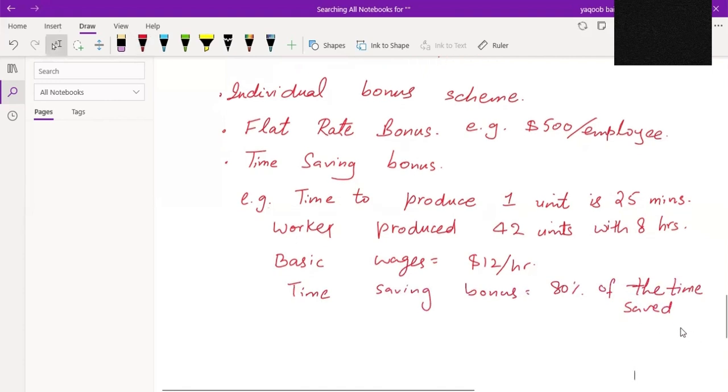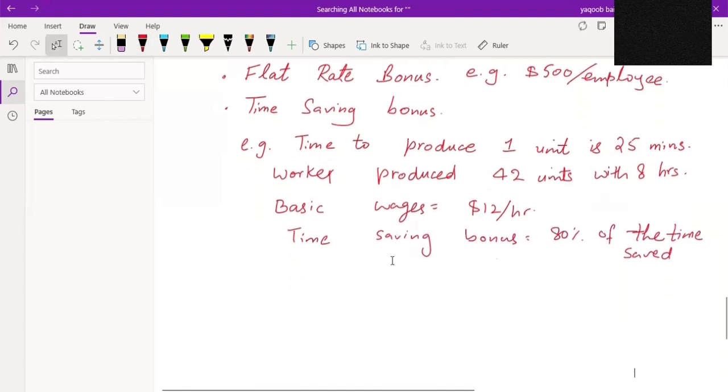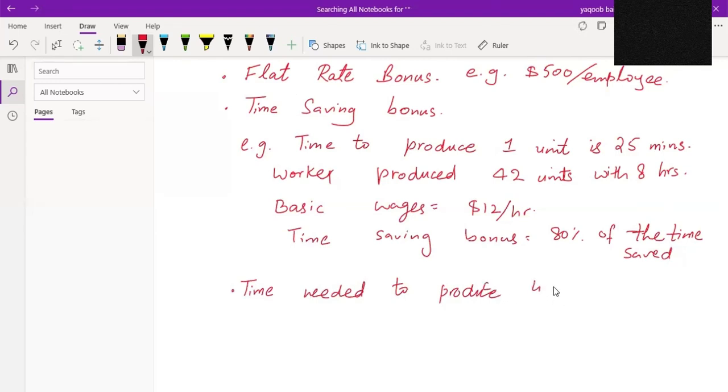So now, first of all, we will calculate the required time to produce 42 units. Time needed to produce 42 units: 42 into 0.25.